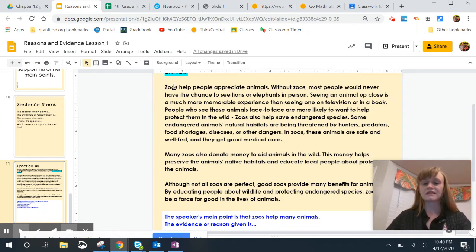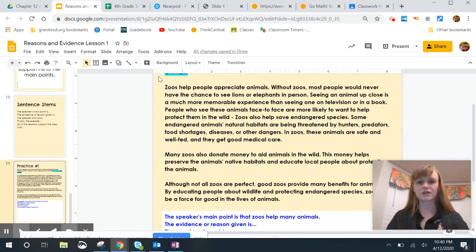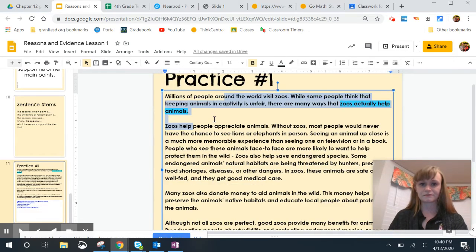People who see these animals face to face are more likely to want to help protect them in the wild. Ooh, that's a really good point that they are working on. So zoos help people appreciate animals. That's kind of their first main reason that zoos are good, is they help people appreciate animals.